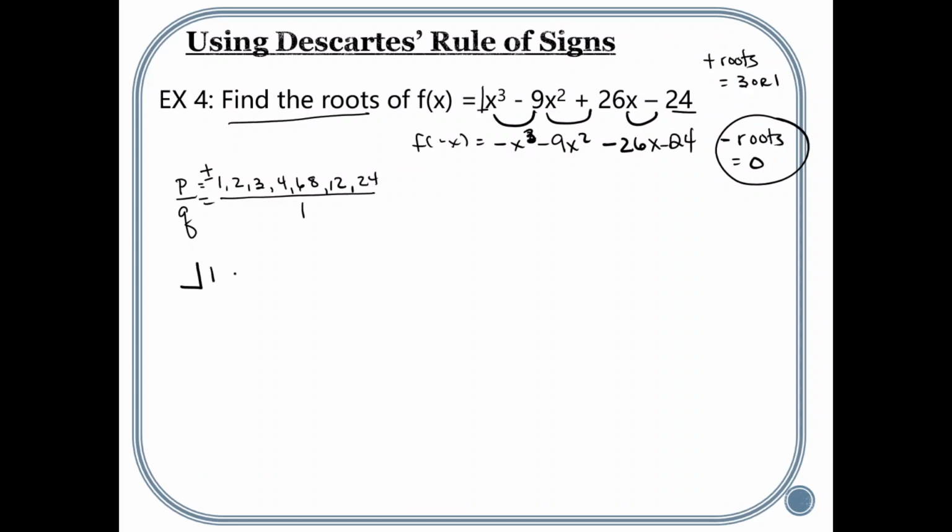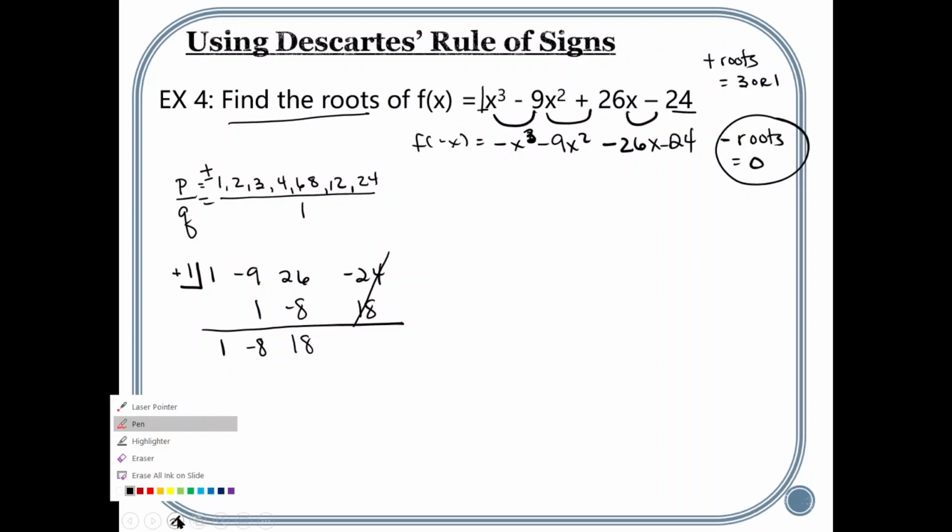So I put my coefficients. And I pick one. So let's just start with positive 1 first. So I'm putting down my 1 and I multiply, I add, and I multiply, and I add, and I multiply, and that one doesn't work.